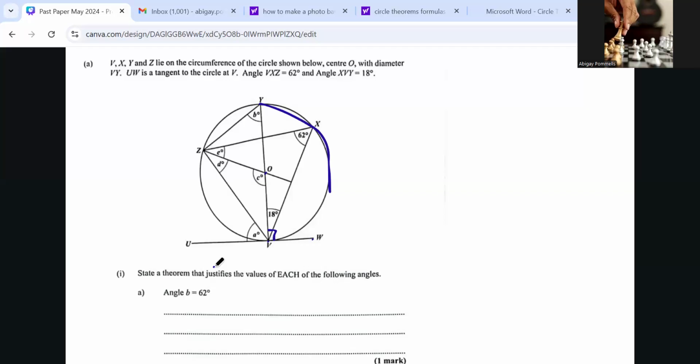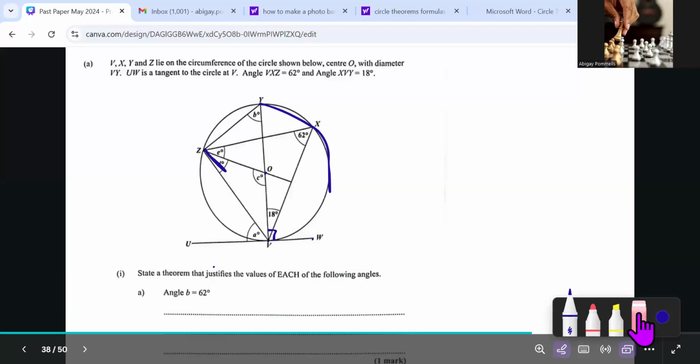Right here, from a 90 degree angle, good. And it's right beside a chord. So this is the chord, just beside the chord.